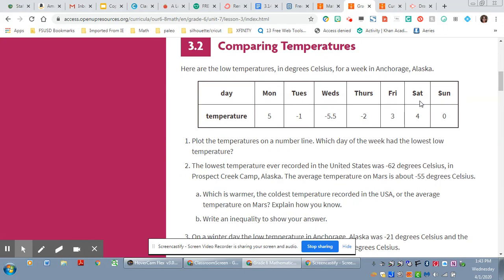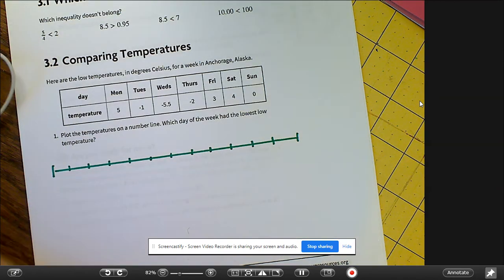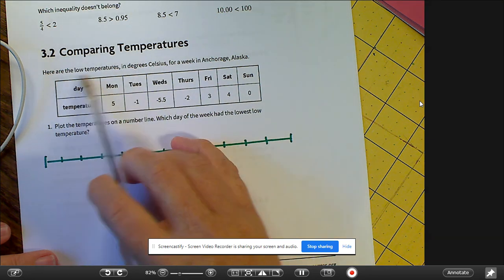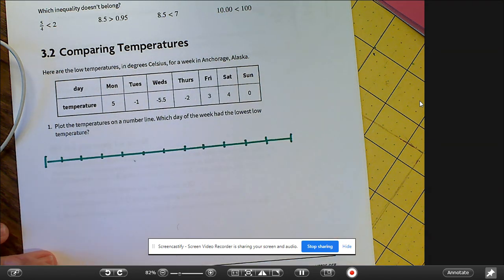All right, in 3.2, I'm going to actually switch to my paper view for this. So you can see I've already drawn a number line on my paper. It says here are the low temperatures in degrees Celsius for a week in Anchorage, Alaska.